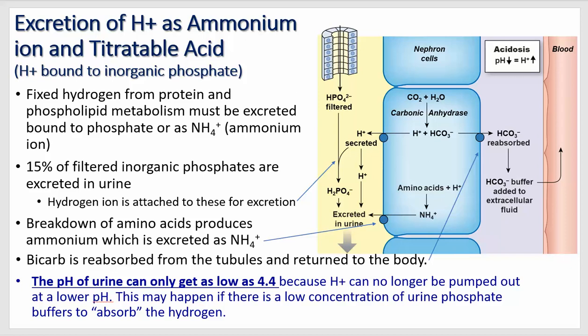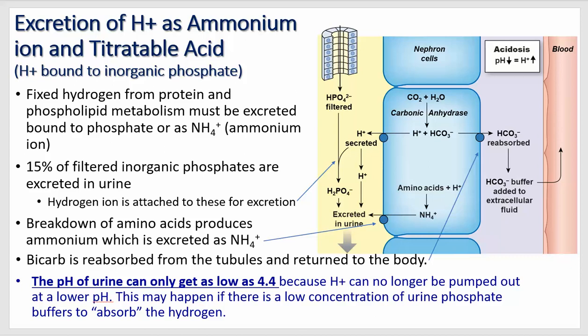So 15%. Remember, phosphates are part of our blood buffer. So about 15% are filtered and move into the renal filtrate. So remember the kidneys and the tubules. About 15% are filtered through the glomerulus and move into the renal tubules.